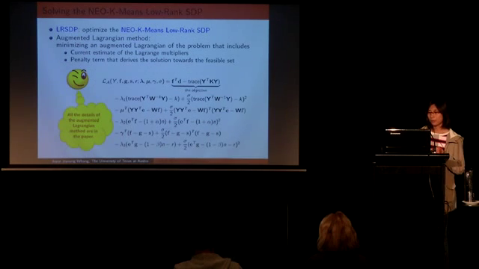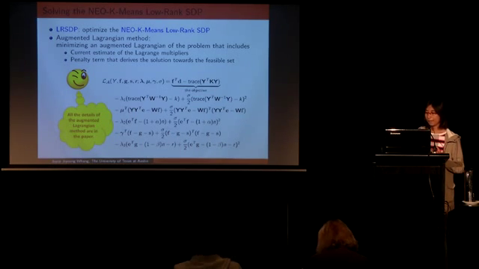Next, to solve the Neo-K-means low-rank SDP, we use the augmented Lagrangian method. It minimizes a sequence of augmented Lagrangian subproblems like this, which include the current estimate of the Lagrangian multipliers, as well as a penalty term that drives the solution towards the feasible set. To solve these subproblems, we use the limited memory BFGS with simple bound constraints algorithm.